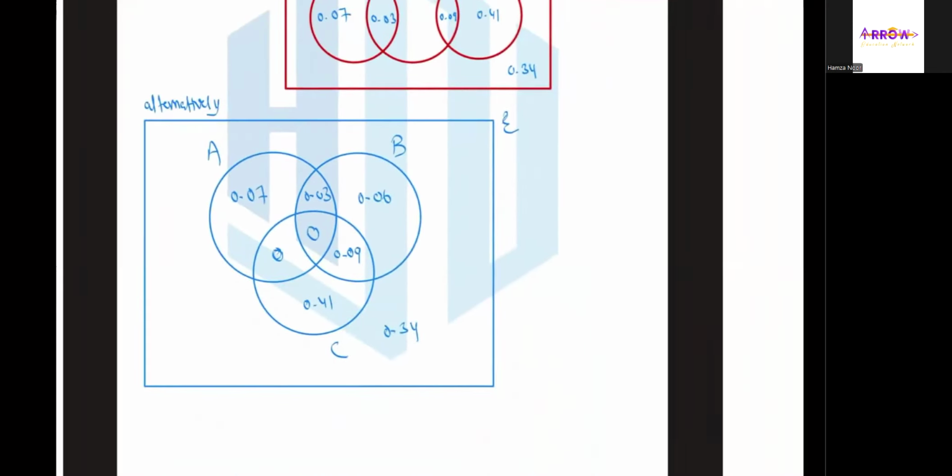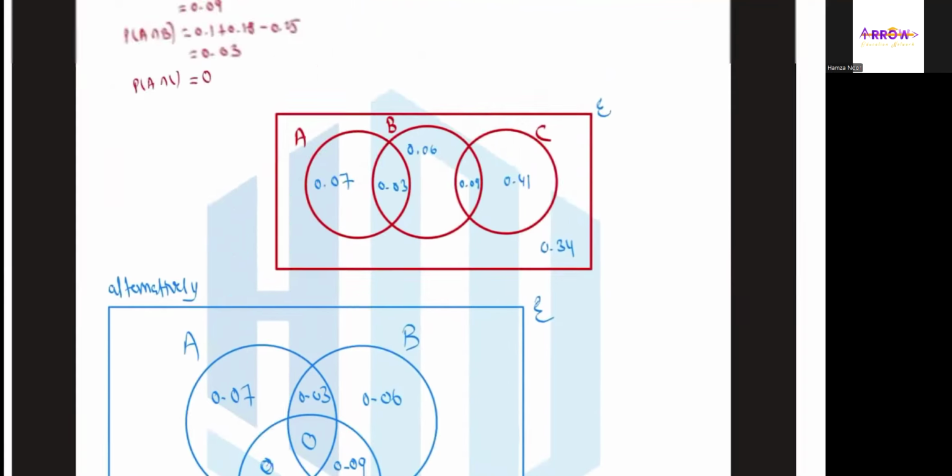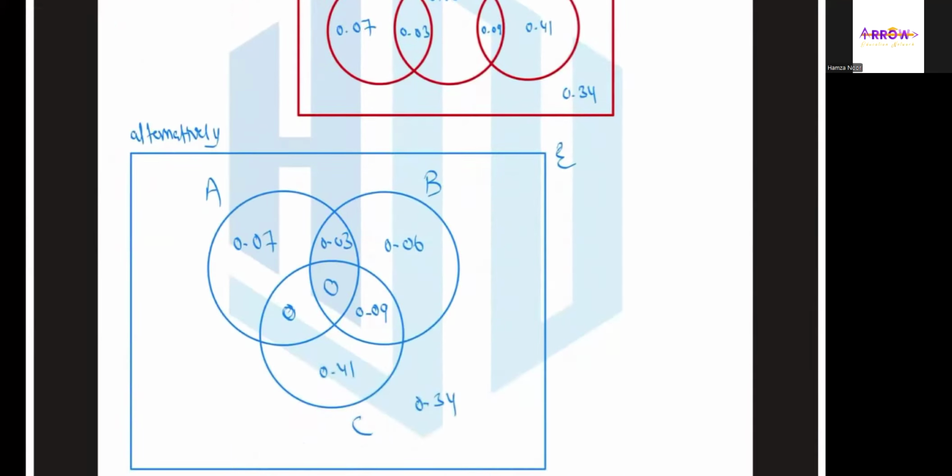One other way is to make the sketch like this, where you show an overlap between all of the events. If anyone sees your Venn diagram, they are able to see that there is overlap between all events. But since there is actually no overlap between A and C, because A and C are mutually exclusive, first you need to mention that A intersection C is equal to 0.